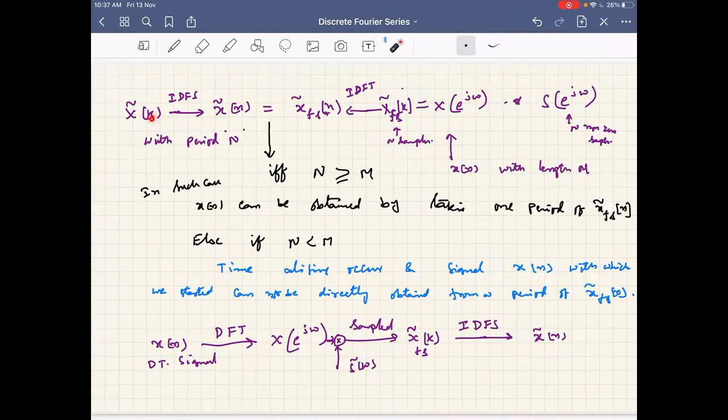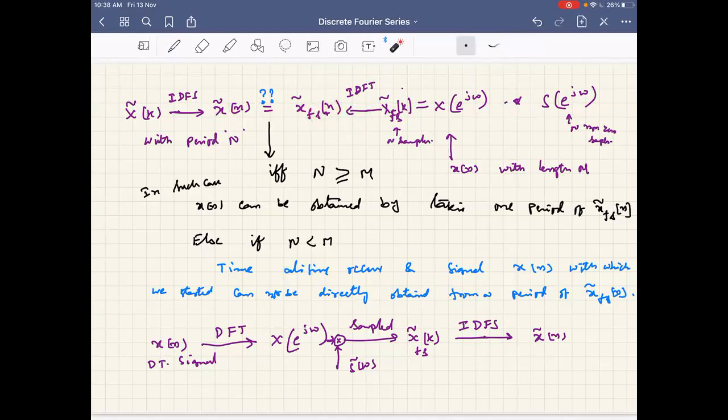So to summarize, x tilde of k, if you take the inverse DFS, you get x tilde of n. The question here is, are these two equal? Please note that it is a question. I'm not saying these two are equal. So when x of e power j omega is sampled with N samples in frequency domain, it gives rise to x tilde of n.